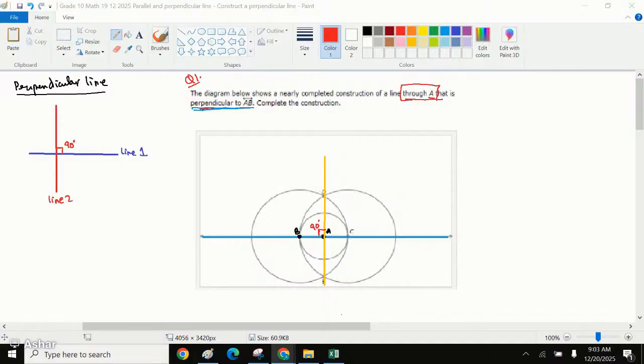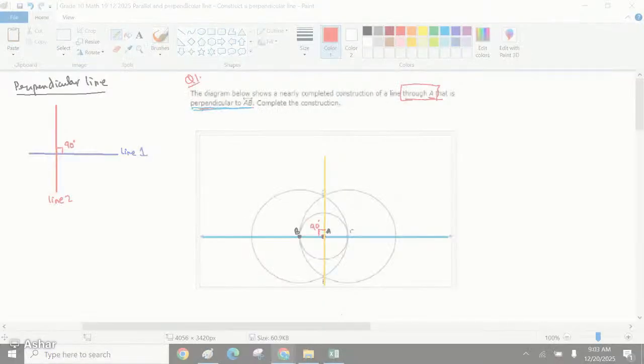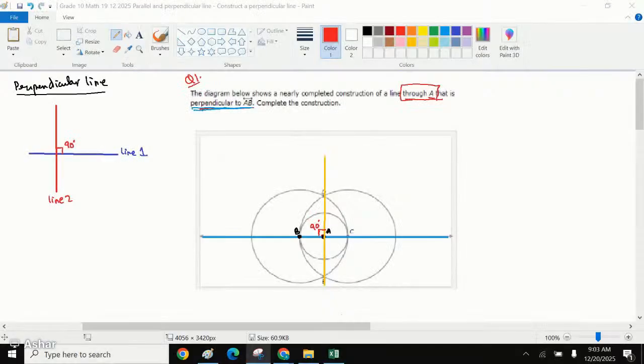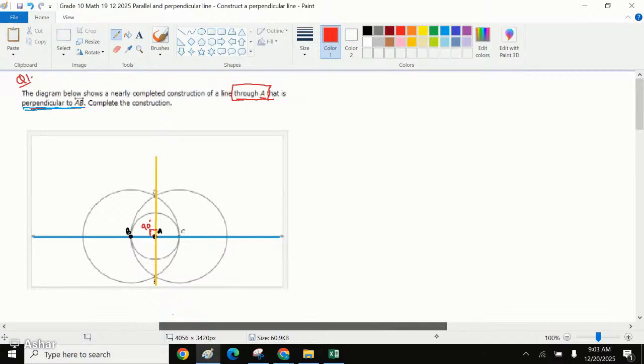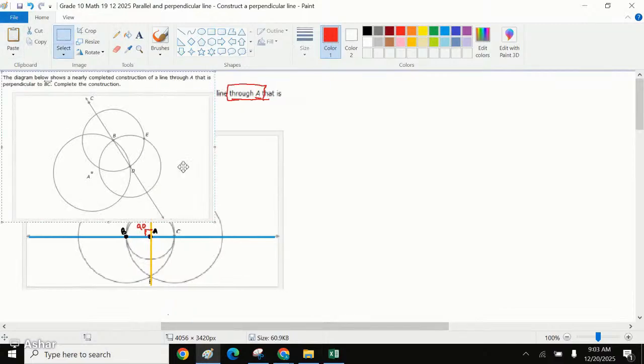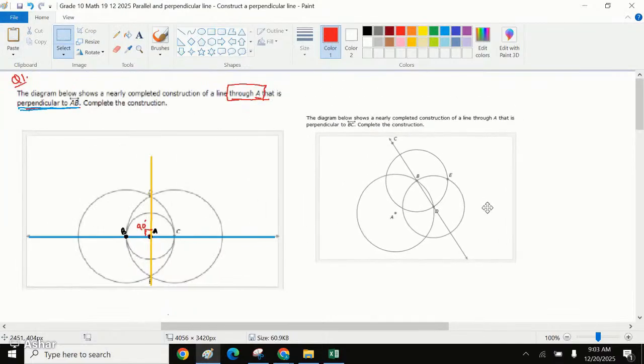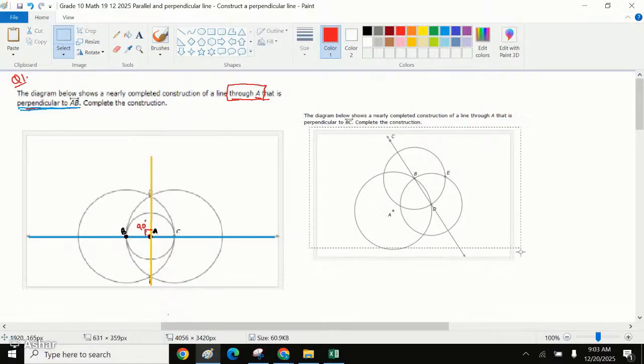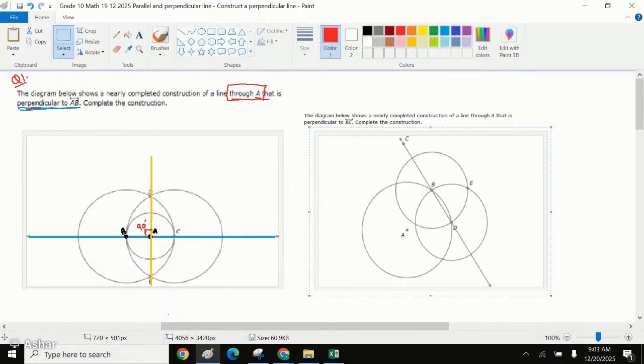In the next question, let me just copy the question and we'll see what they are asking us. Okay, I have the question with me. I'll just copy the question over here. This is the exact question we have. Let's increase the size so that it is easier for us to read.